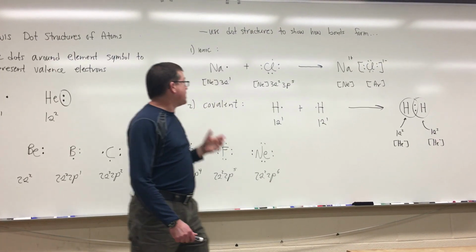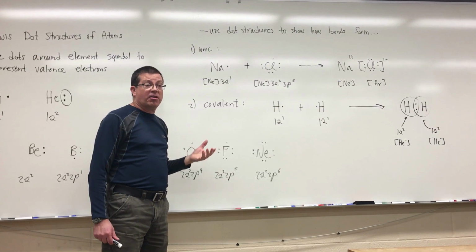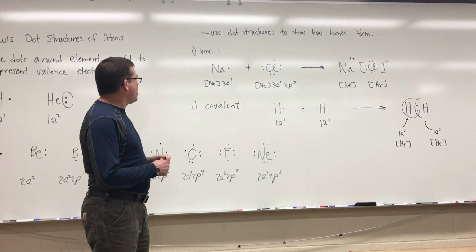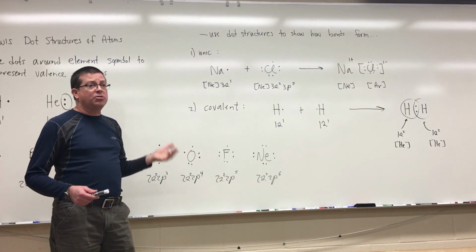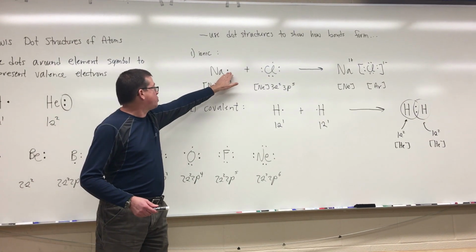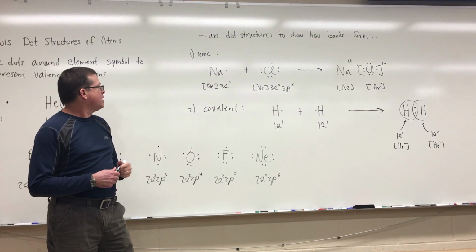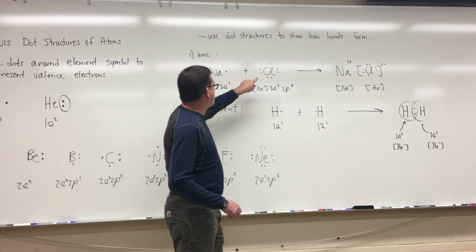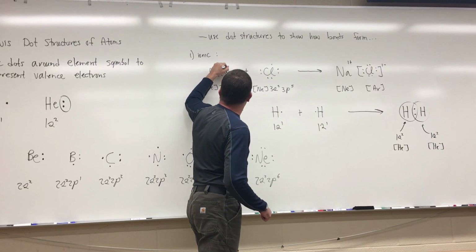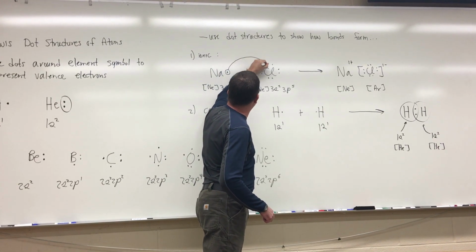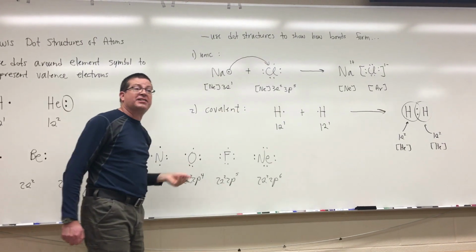Again, what we're trying to do is fill out octets if we can. In this case, sodium is going to be happy to lose an electron. It's easier for it to lose its 1 than to gain 7, right? So what ends up happening is the chlorine steals the electron from the sodium. I can show the electron from the sodium going over to the chlorine to fulfill its octet.